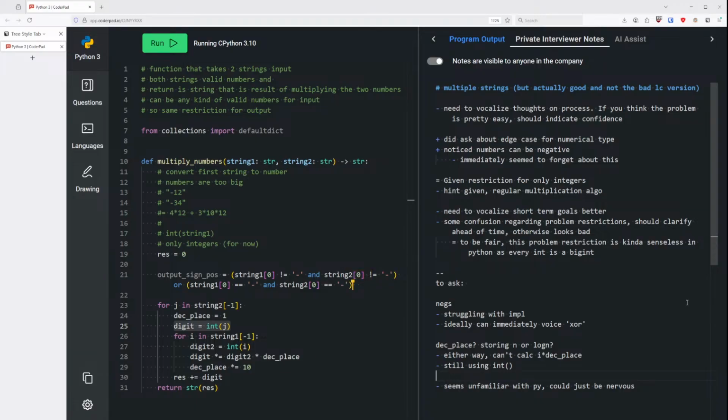It's probably an easier way to do that. They're both not negative, or they both are.